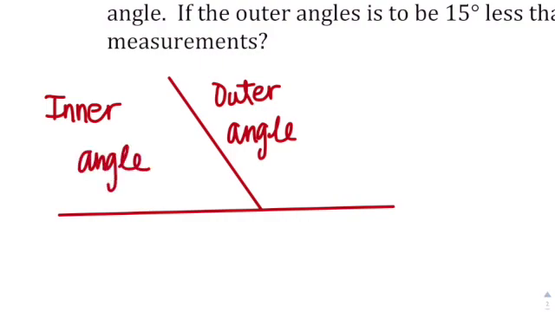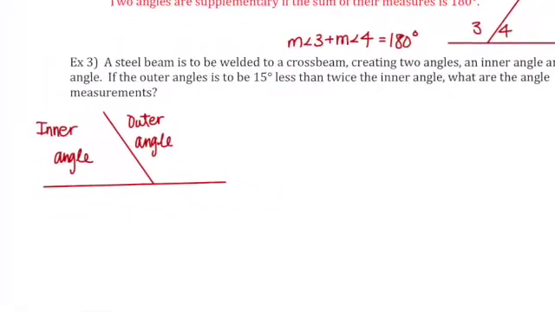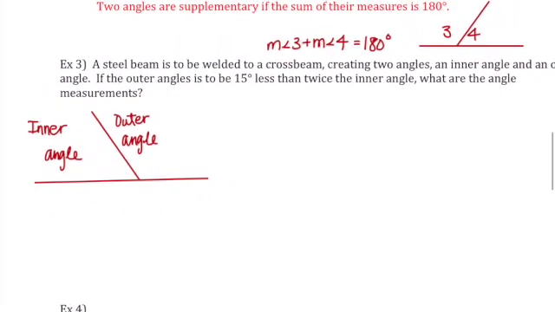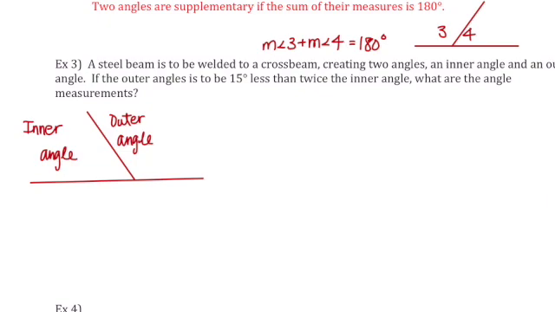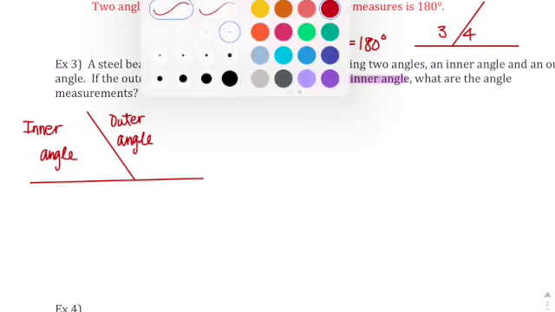Then I need to decide what my base is, so go back and reread it. It says, if the outer angle is to be 15 degrees less than twice the inner angle. So the inner angle, you don't do anything more to it. The inner angle is going to be your x. So my inner angle is x right here.